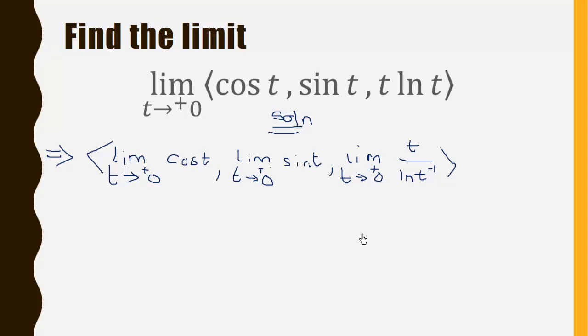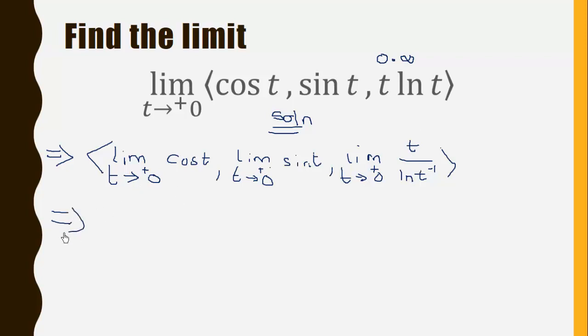Now we are doing this because if you plug in 0 here, you are going to get an indeterminate form of the form 0 times infinity. So we want to use the L'Hopital rule, so we write the function in this form.